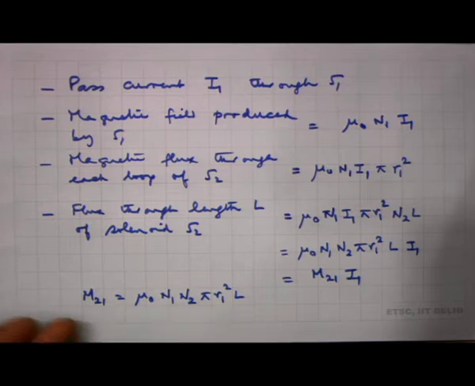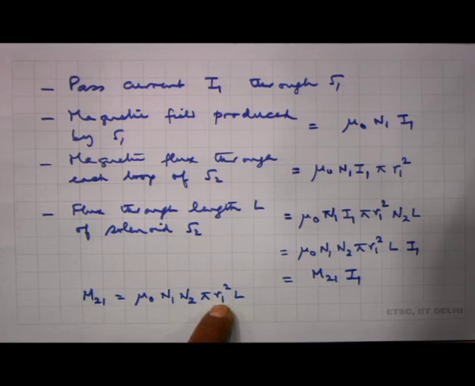So, I can define here mutual inductance per unit length as mu naught N1 N2 pi R1 square.